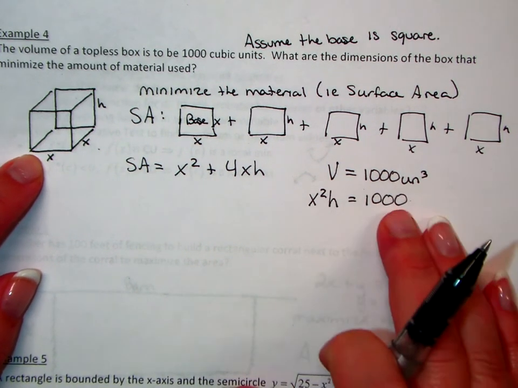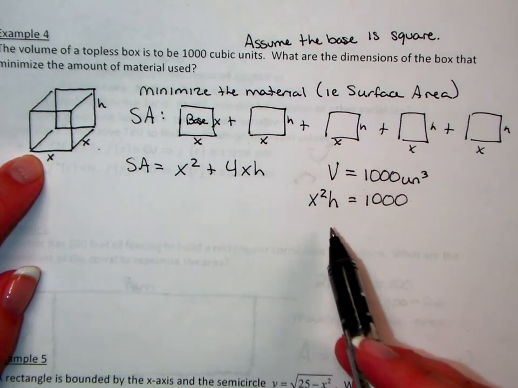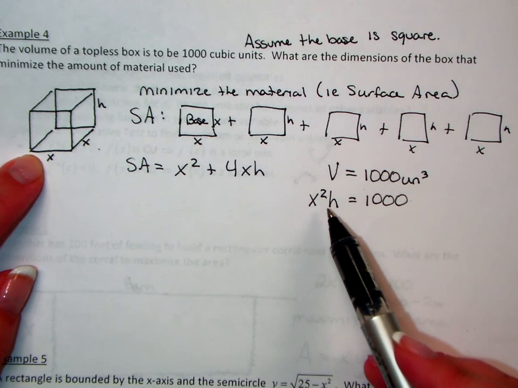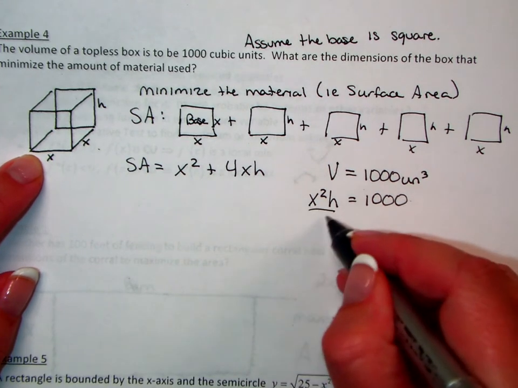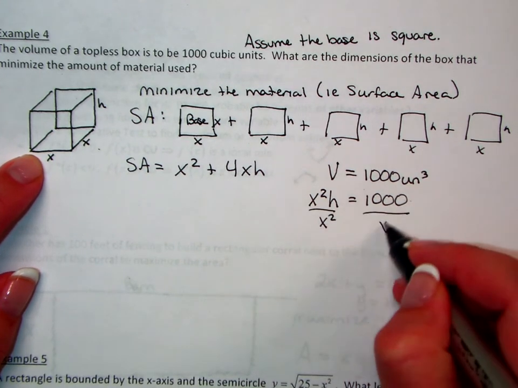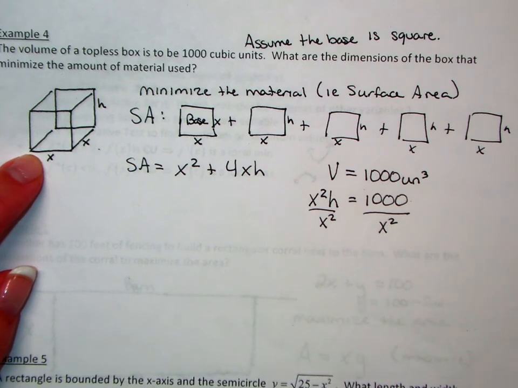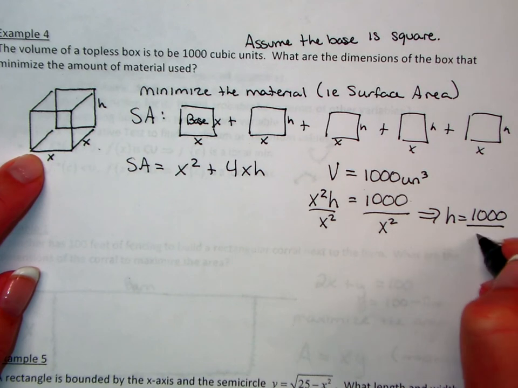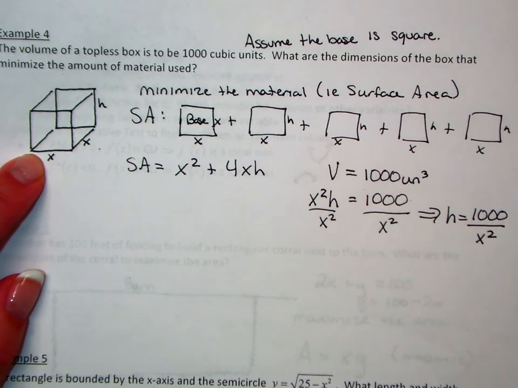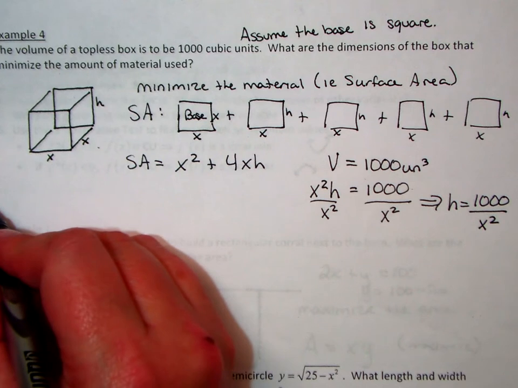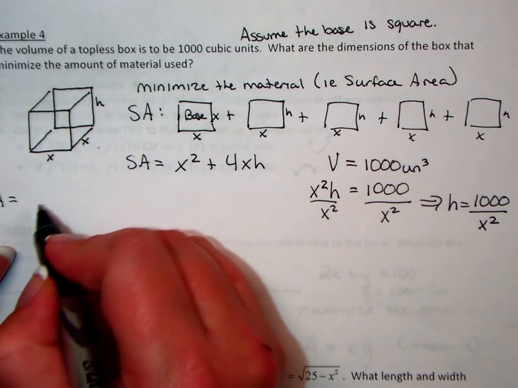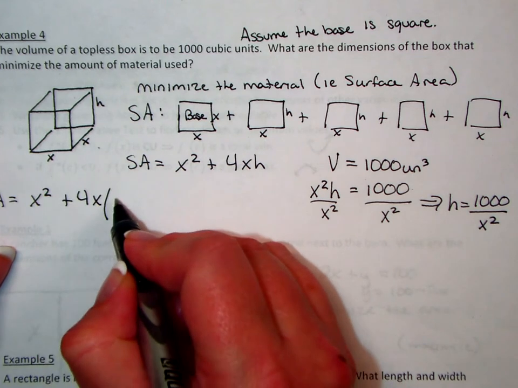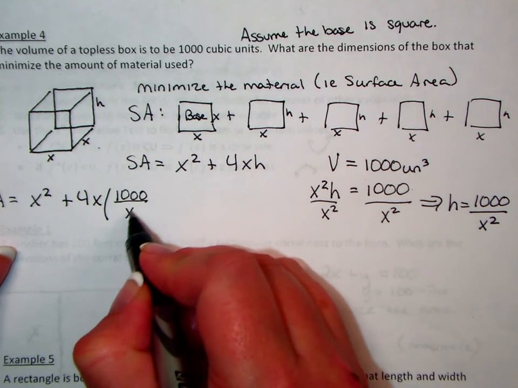Here's our other equation, the given information that is going to help us get rid of a variable. You can either solve this for x or for h, but I suggest you solve it for h because that's easier. So h equals 1,000 divided by x squared. I'm going to plug that in here. So surface area is now x squared plus 4x times 1,000 over x squared.